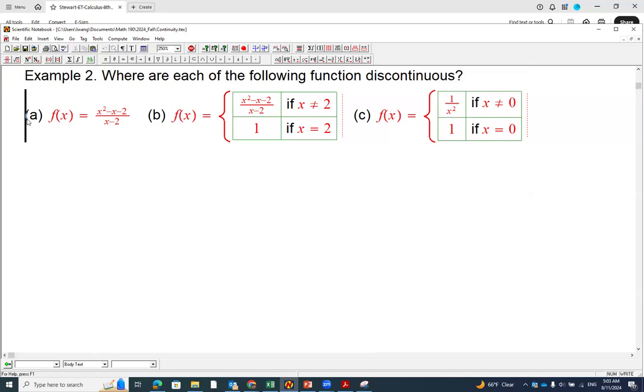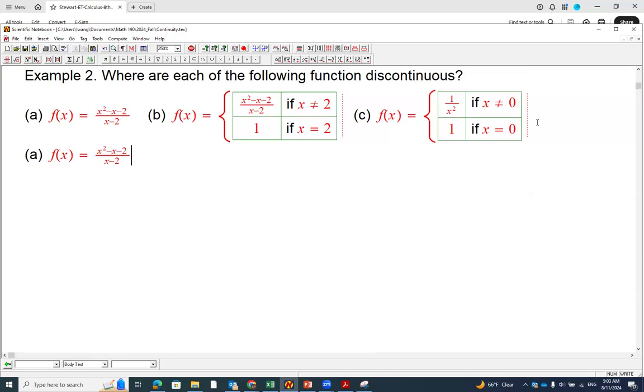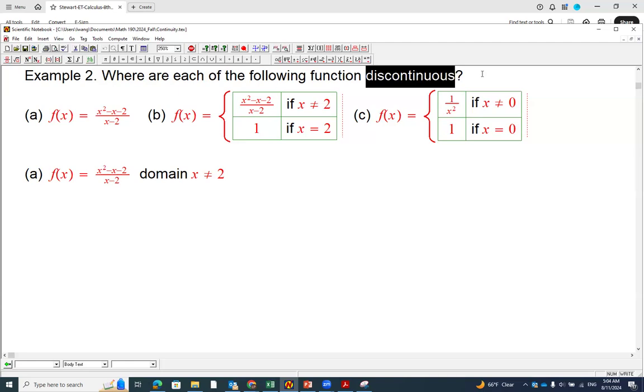In the first function, as we see, obviously the domain does not include 2. Domain is x not equal to 2. And the question is asking us, where are each of the following functions discontinuous?